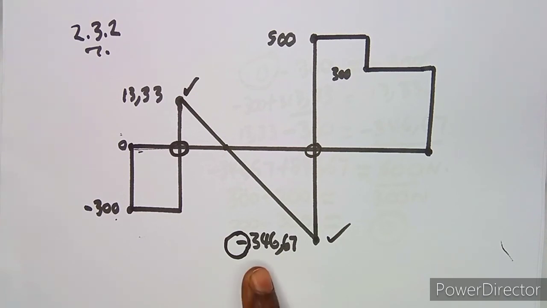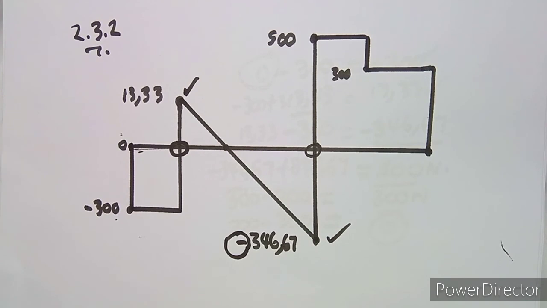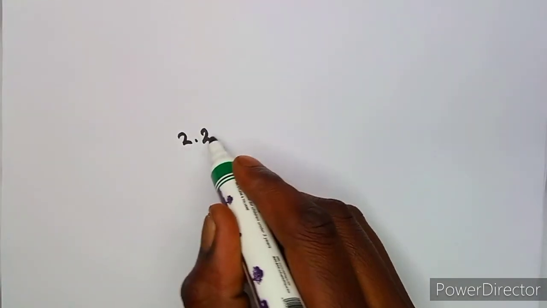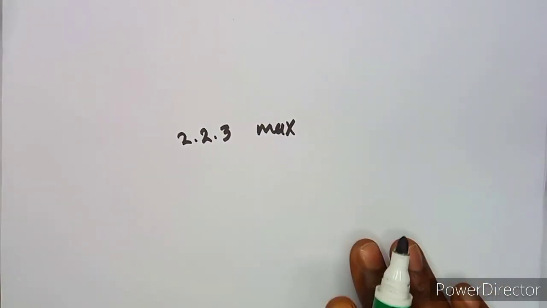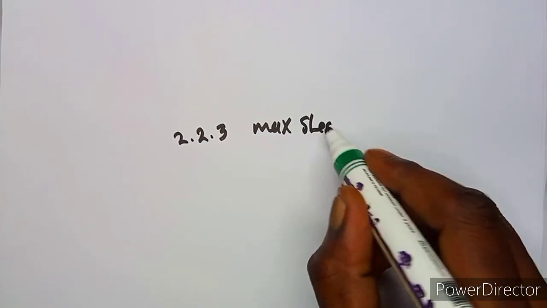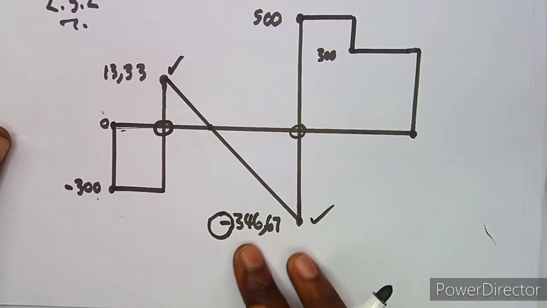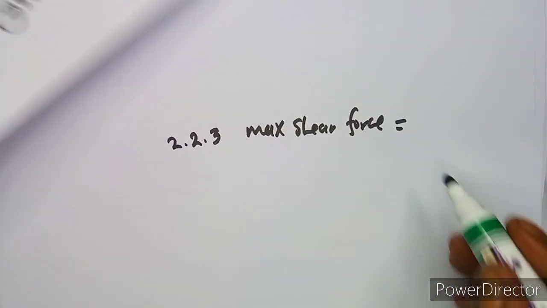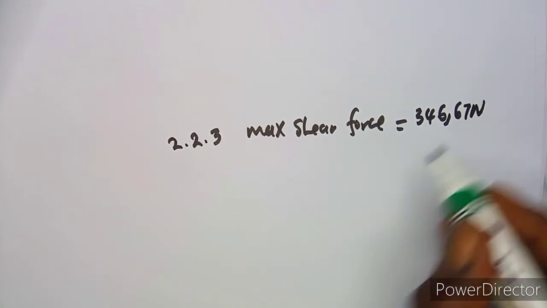The magnitude is 346, which is bigger than this 13.33. So our maximum value, which is the maximum shear force, is going to be the one with the bigger value, which is 346.67 Newton.